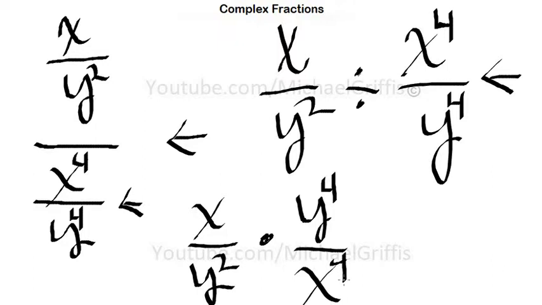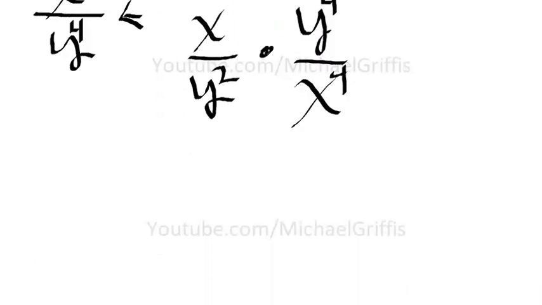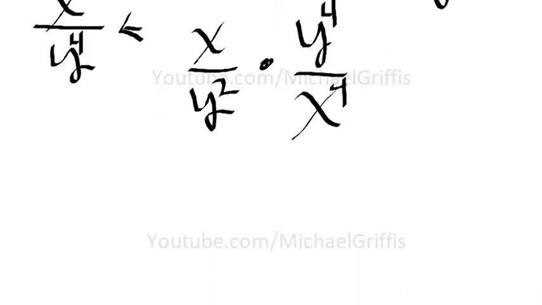See that? That's just like the way we did this problem right here. This just happens to be another way of writing that, and they call that a complex fraction.